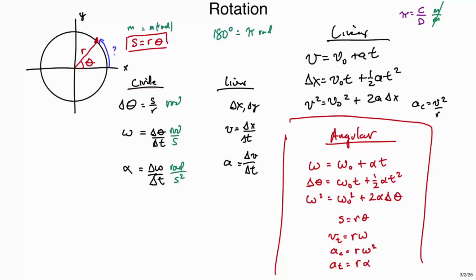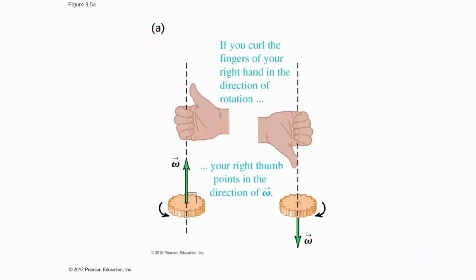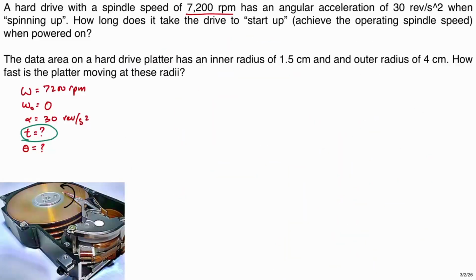So the first one, this first one right here, the only thing in that equation we don't know is time, right? So what's the strategy? We're going to use the first equation and solve it for time.